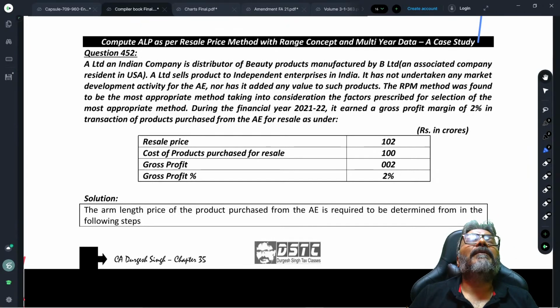Now, students, coming to multi-year data as a concept, all of you will pay attention to this one. This is a very important part. Students, up till now, we have been getting the comparable information straight away.